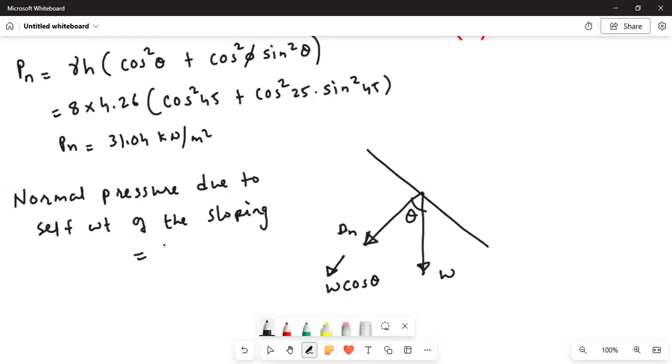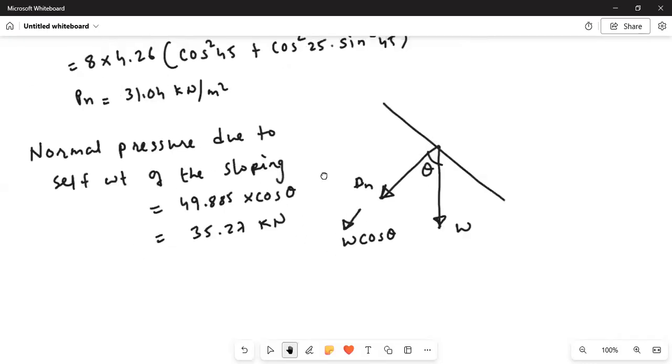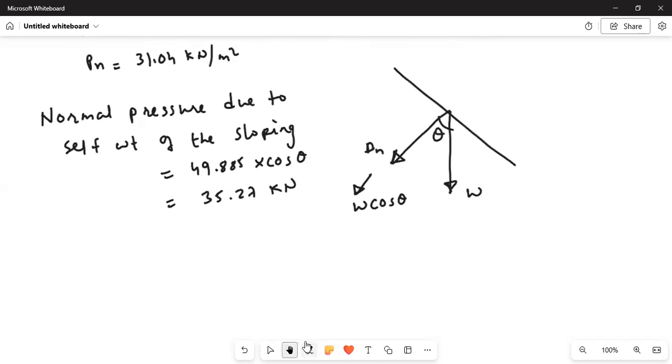Okay. Equal to W, 49.885. Just now we have seen, into cos theta, cos 45. This is coming as 35.27 kilonewton. But we are interested in the per meter distance. This is kilonewton, total load, but we are not interested in the total load. We are interested in the kilonewton per meter.